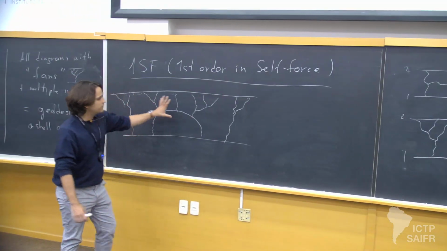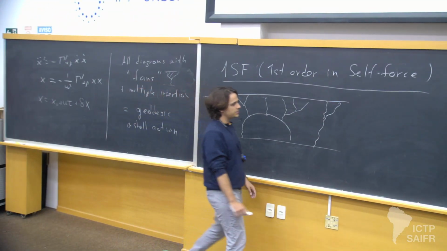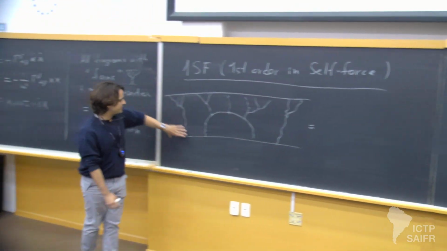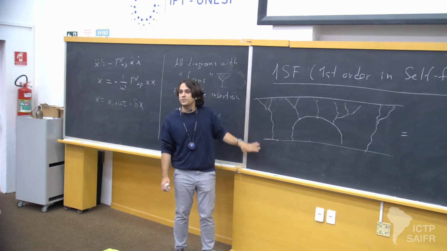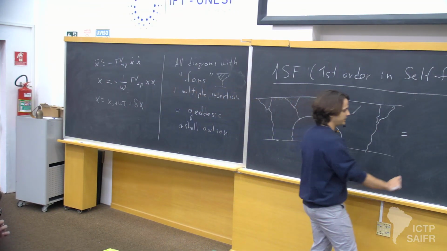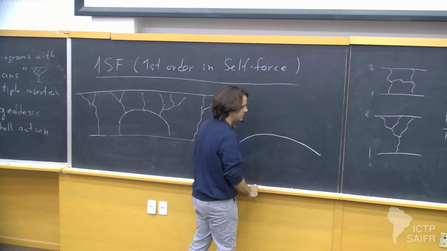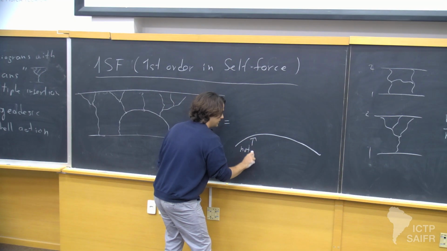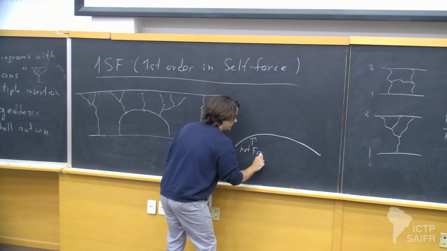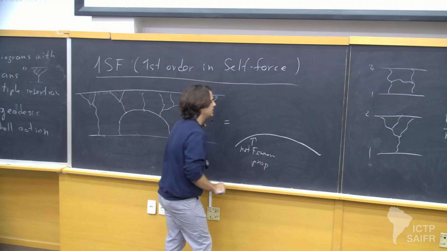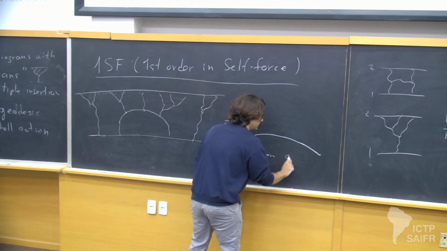So what's the picture for all the diagrams that look like this? Remember, these fans hitting this leg were just reconstructing the geodesic motion. So this will be the same as the action for a geodesic. Now this is not a Feynman propagator, it's actually a geodesic.